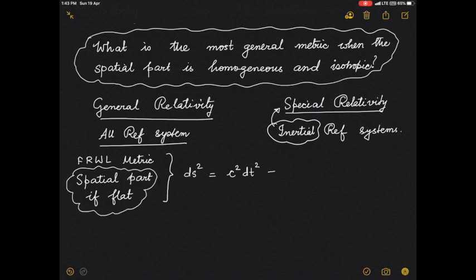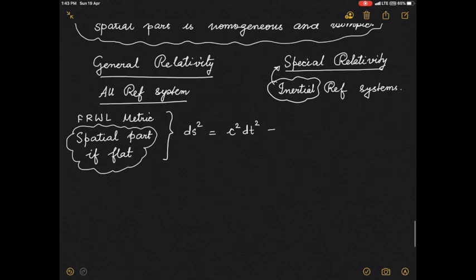I'll not go into a very large discussion on what is the meaning of that. If you wish to know, you can drop me a question in the class comment section, and then I will explain to you. Otherwise, I'll just say that we are considering a spatially flat FLRW or FRWL metric. And that metric looks like this.